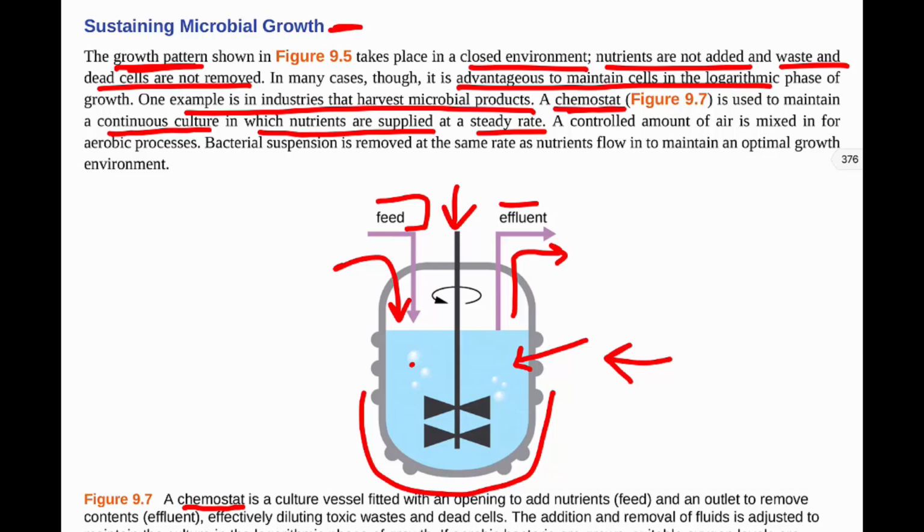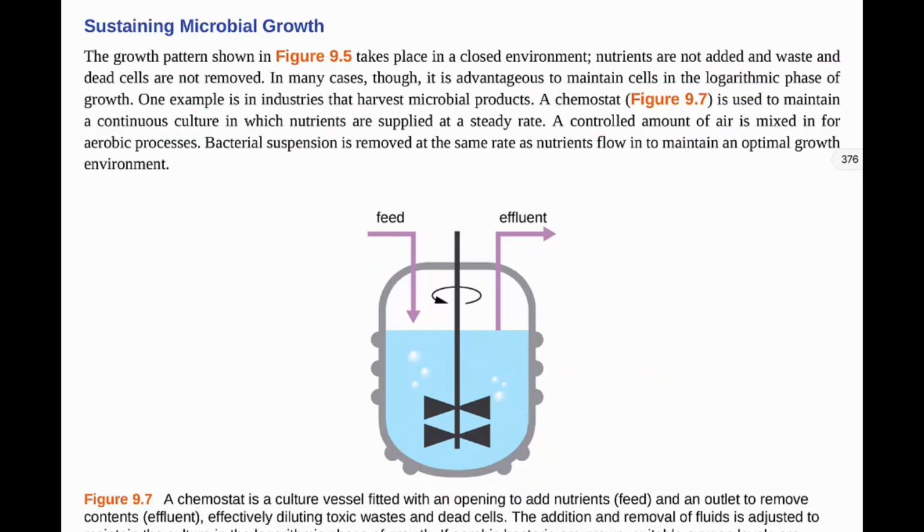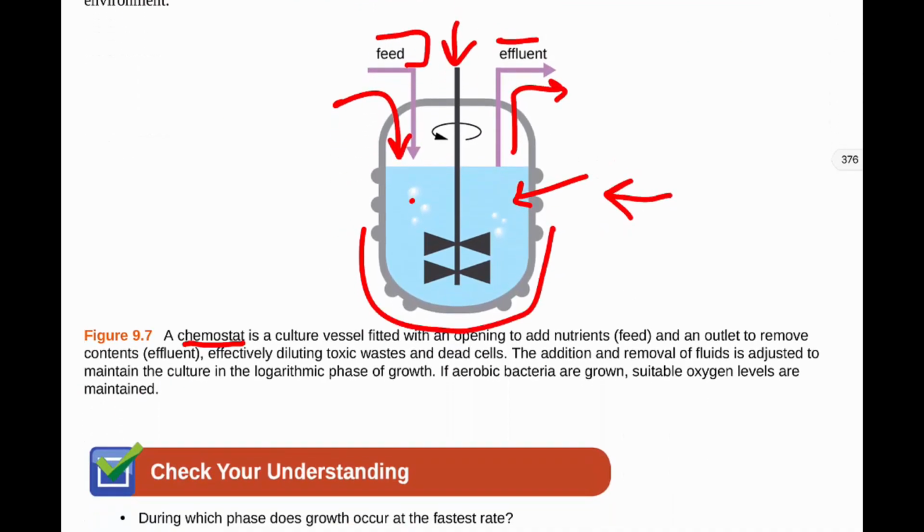So we have our controlled amount of air mixed in for aerobic processes, we have our nutrients getting in, and then at the same time our bacterial suspension is removed at the same rate that we add our nutrients in, so that we maintain this optimal growth environment, so that we maintain this logarithmic rate. So we're constantly on the log part of the scale, and we're not ever reaching that stationary phase or the death phase.